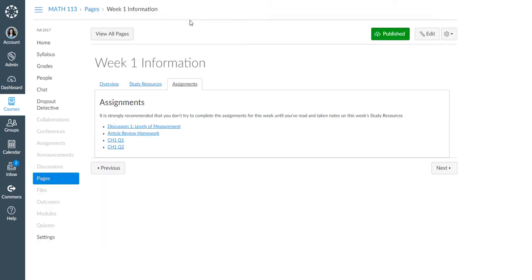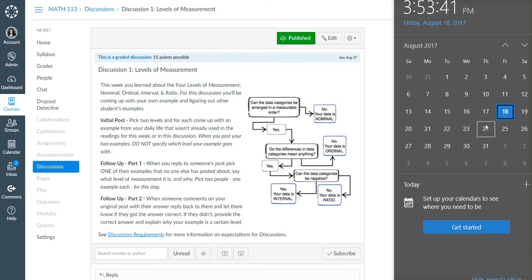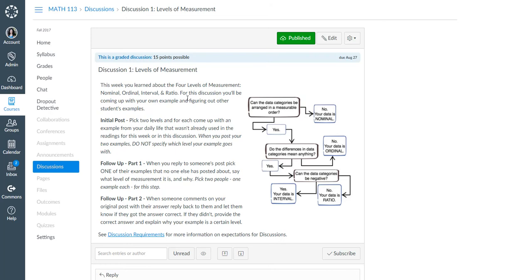Once you're done with that, over to assignments. For assignments this week, we've got discussion 1, levels of measurement. The initial post is due on Thursday the 24th. You pick 2 levels of measurement, and for each come up with an example from your daily life that wasn't already used in the readings for this week or in the discussion.